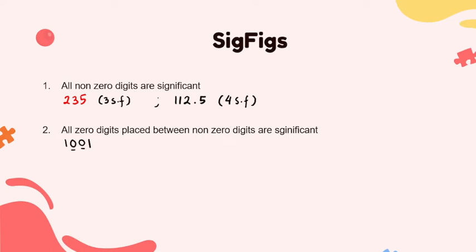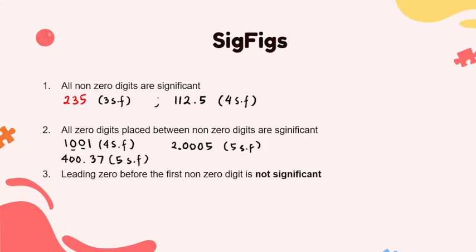The third rule, the leading zero before the first non-zero digit is not significant. Here, I bold the letter ya, Mister tebelkan hurufnya supaya kita jangan keliru dengan yang lain. Leading zero. What is the meaning of leading zero? That means all the zero digits that appear before the first non-zero digits.